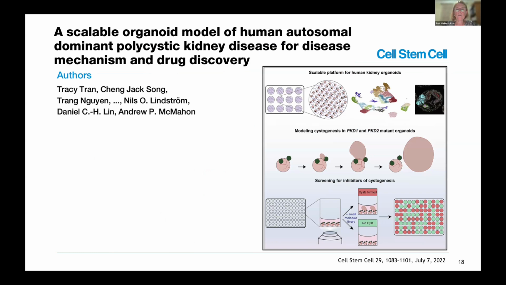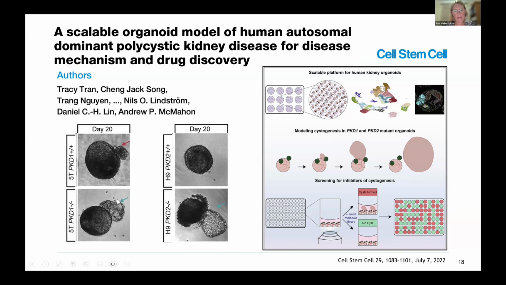So let's have a look at autosomal dominant polycystic kidney disease. I think we're getting to the point now where this can be modeled. And this is a study from Andrew McMahon's lab in the US, where they made literally thousands and thousands of tiny organoids, and they looked for this cyst formation in the dish as a measure of the defect. So what you can see is here's a normal organoid, and here's one of the PKD2 mutation, and here's one of the PKD1 mutation.